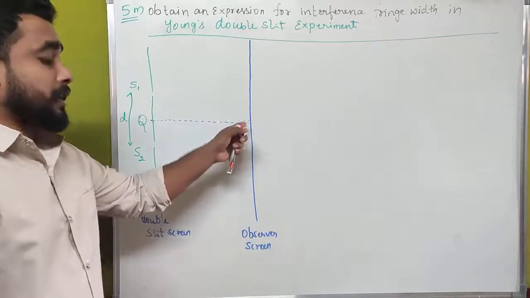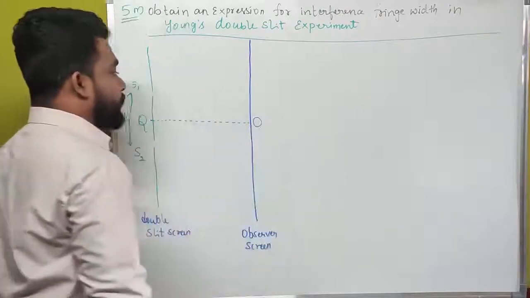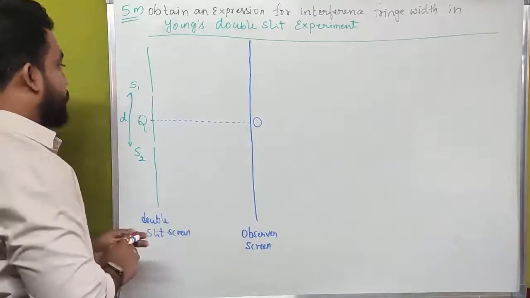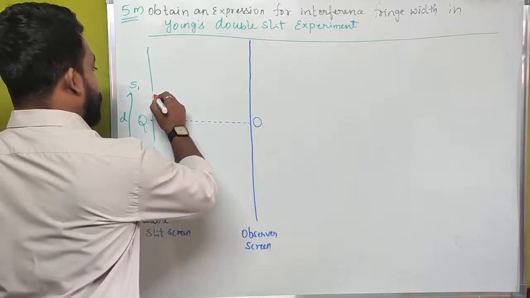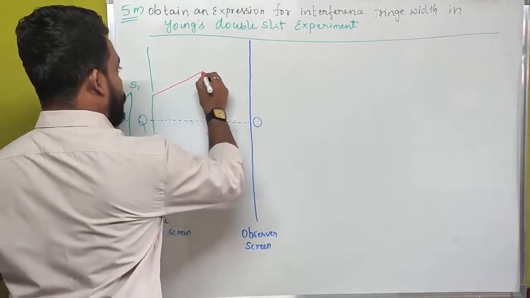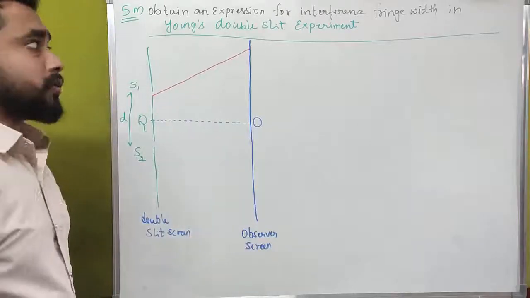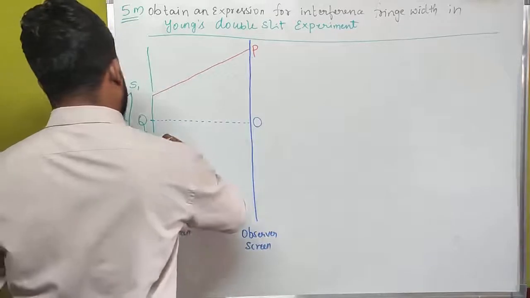Here we get our bright fringe. Let us assume this point as O. The waves traveling from these two slits meet at one particular point. Let us assume that point as P. Here we have one wave.